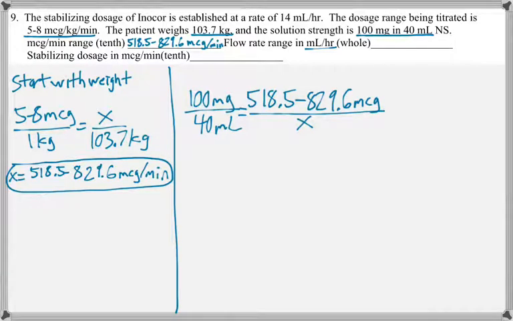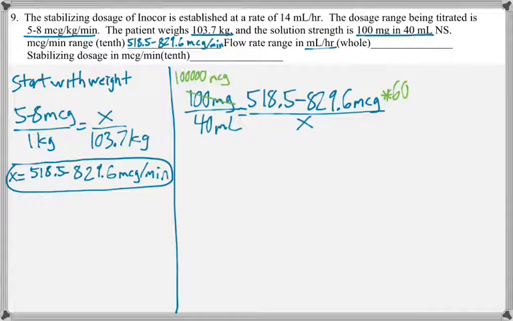And there's two things I need to do before I solve this proportion. I want to convert the 100 mg to 100,000 mcg, and I want to multiply the range by 60 because this range was per minute, and now we want it to be per hour.